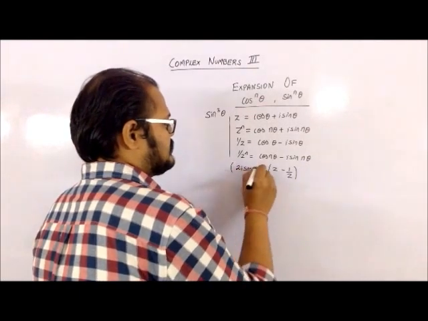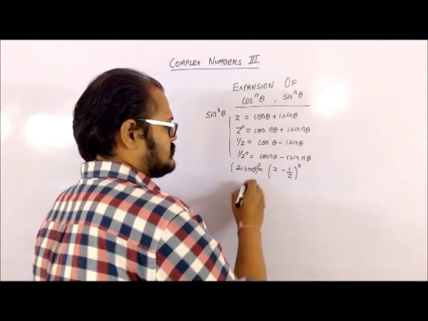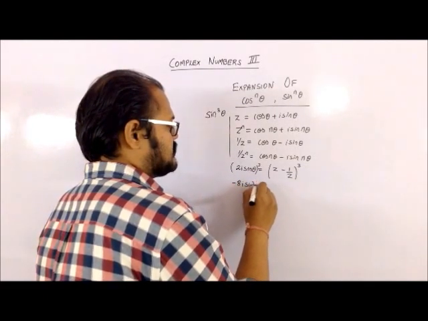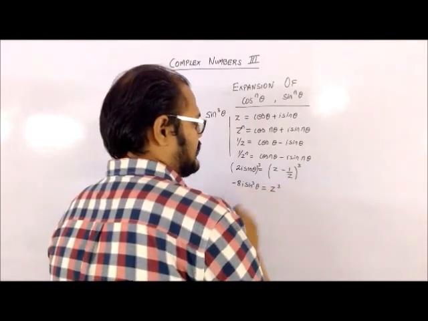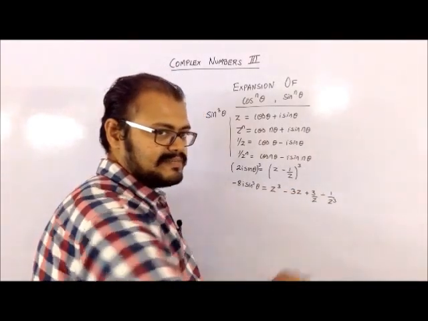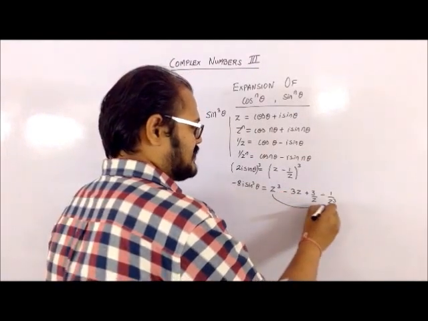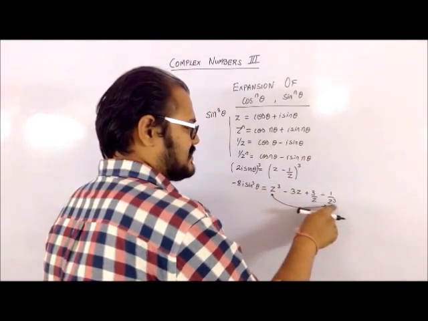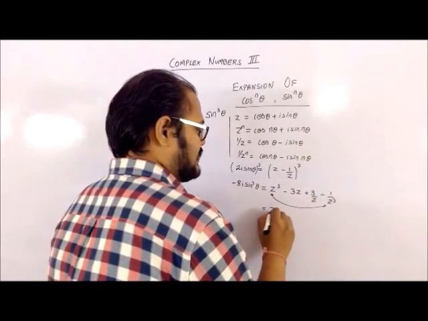Since you have to find the cube, you will cube both sides. So it will give you minus 8i sine cube theta, and then the expansion. After your expansion, you take the terms which have the same magnitude of power, like over here 3 and 3, this 1 and 1. So you will take them together.